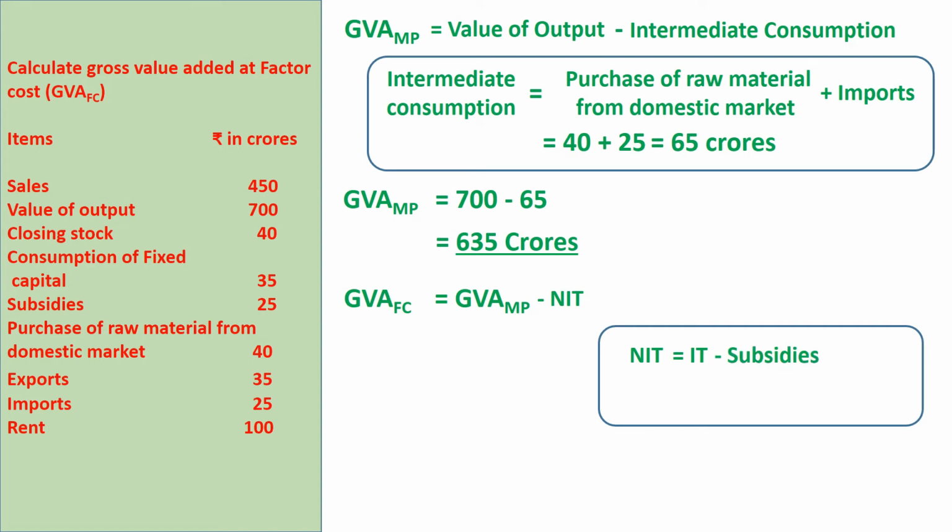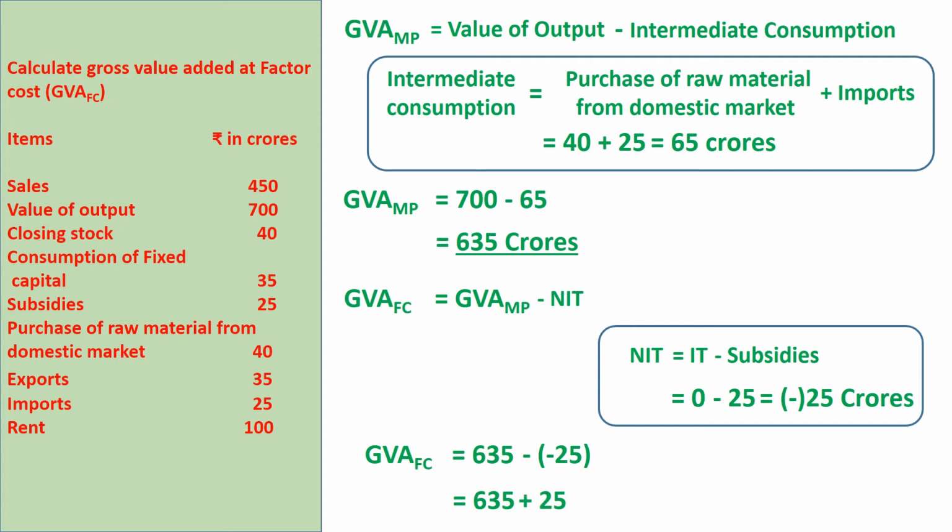Here indirect taxes are not given, so we can take it as 0, minus subsidies, that is 25 crores, equal to minus 25 crores. Now GVA at factor cost is equal to GVA at market price, that is 635 crores, minus NIT, that is minus 25 crores, equal to 635 crores plus 25 crores, equal to 660 crores.